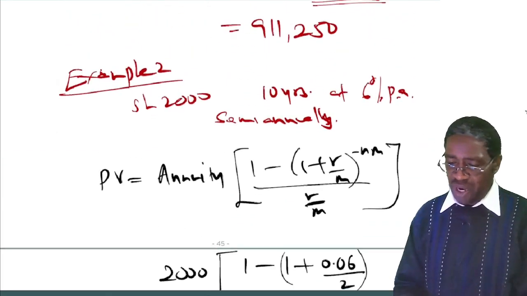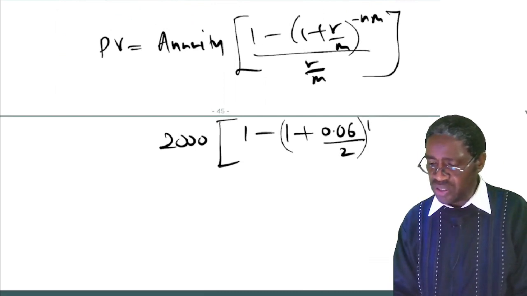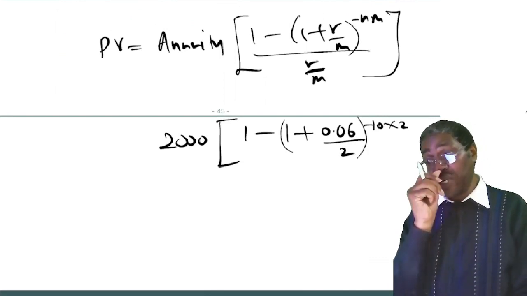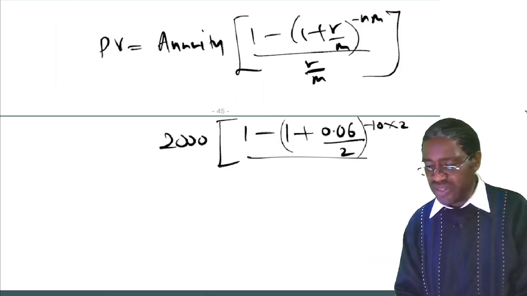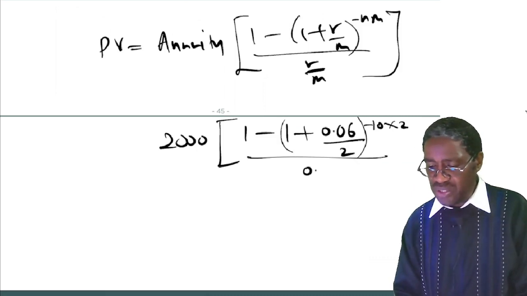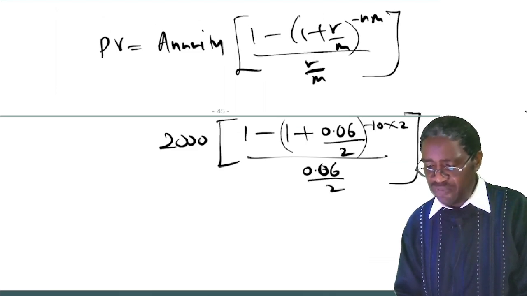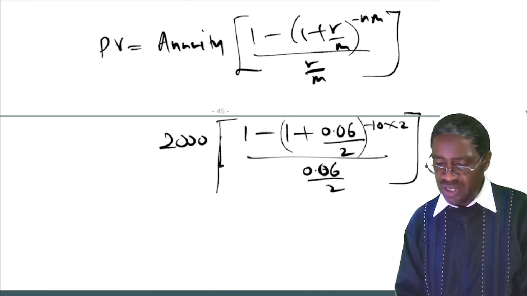We are investing for how many years? 10 years, so this is negative 10. Multiply that by 2, because the frequency of compounding is twice in a year. Then I divide everything by R, which is 0.06, divided by 2. That's the formula that we want to use now.